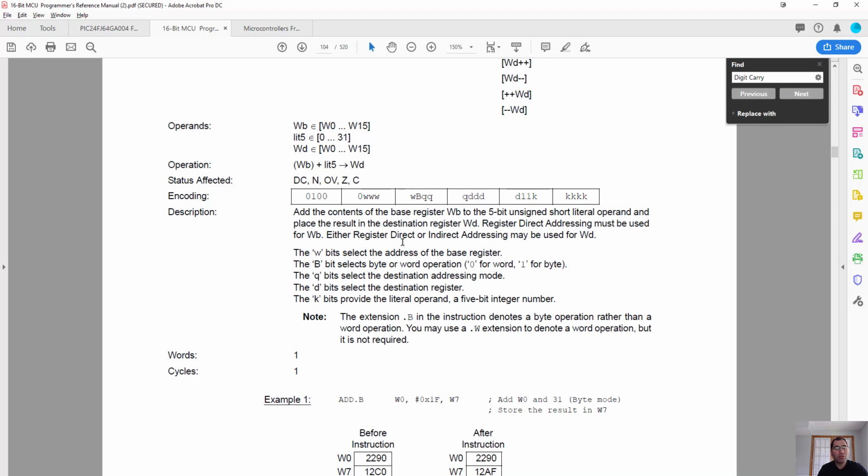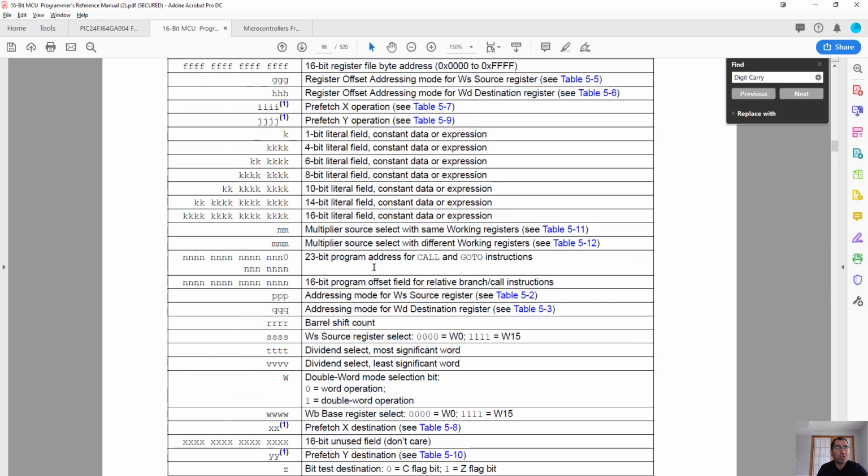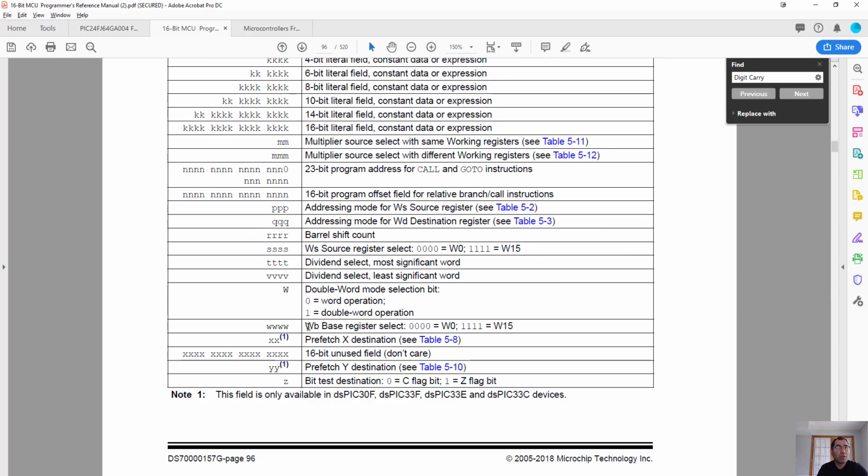I already did this, but if you want to know more about WWW, you can go to page 96, and it says WWW is the base register select address: 000 for W0 and 1111 for W15. So if you have another register, the address is going to be according to whatever register you are using. So let's go back to page 104.